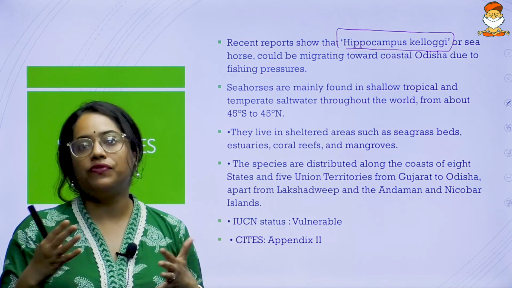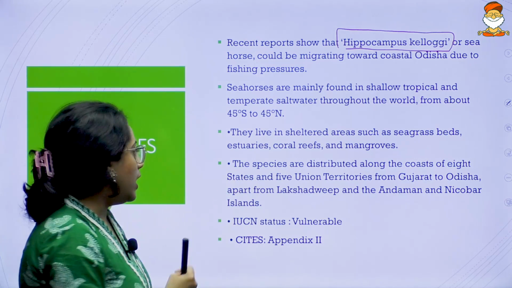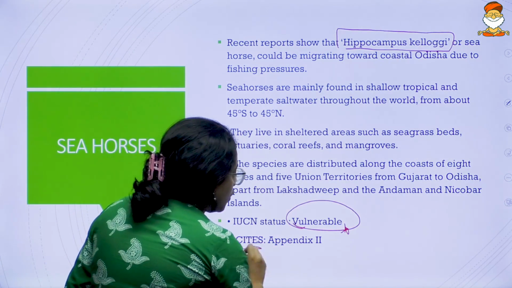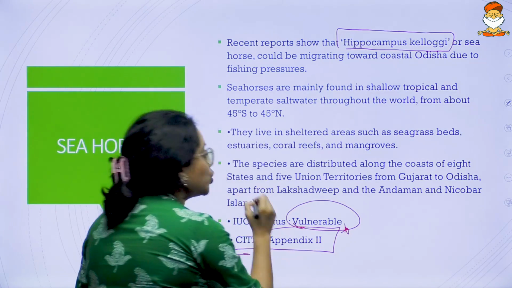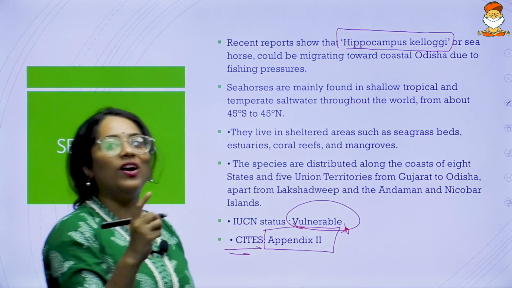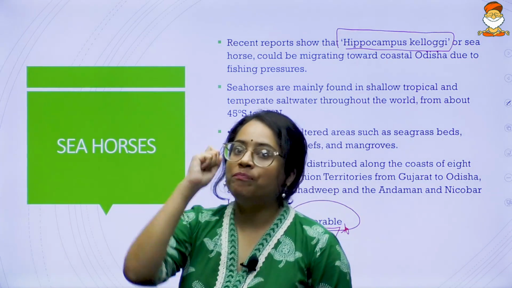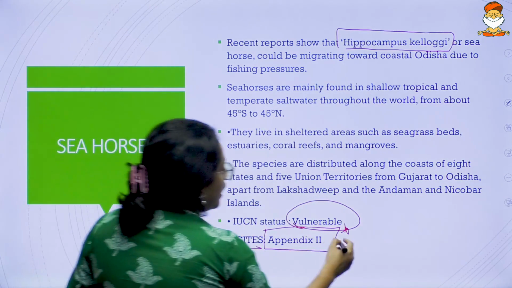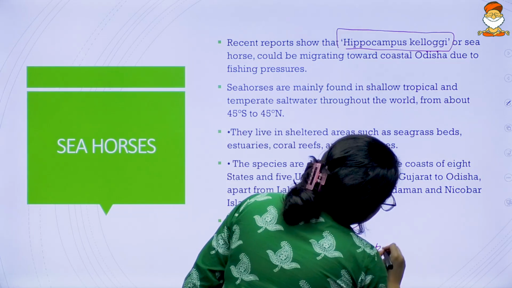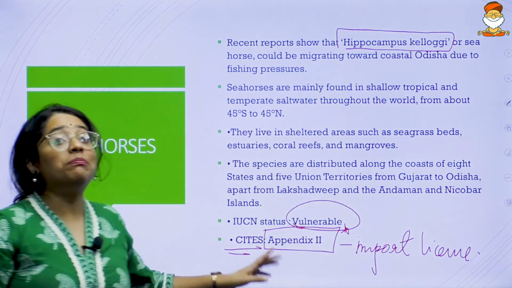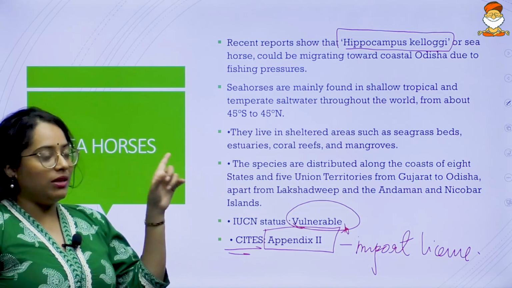Its status is vulnerable. It belongs to CITES Appendix 2, which means the trade of this species can happen based on certain import-export licenses. So the trade is not completely banned, which you have to keep in mind.